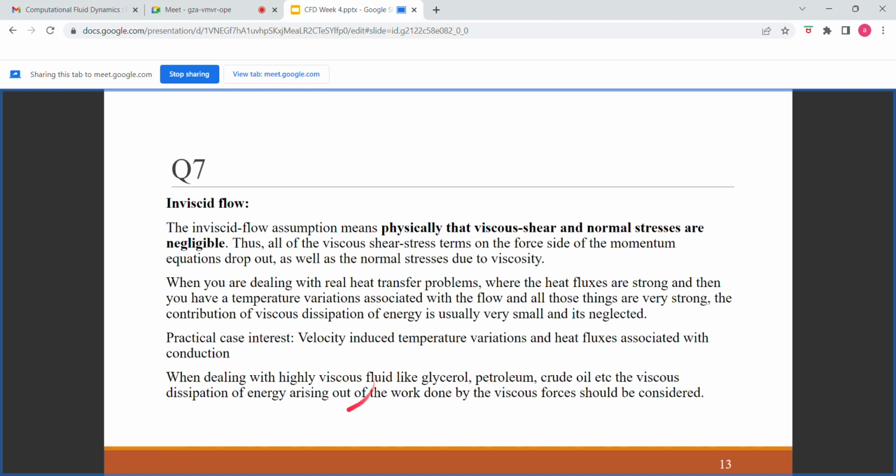Normally when we are dealing with highly viscous fluids like glycerol, petroleum, etc., viscous dissipation of energy arising out of work done by viscous forces should be considered. In other cases, it can be neglected.